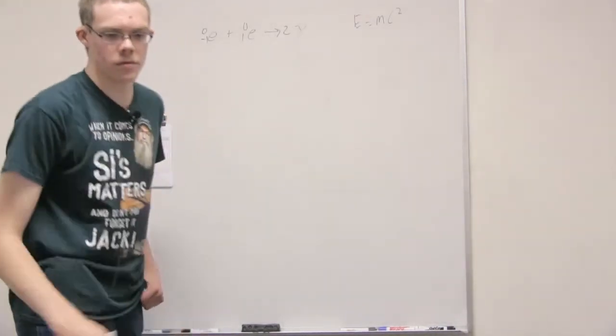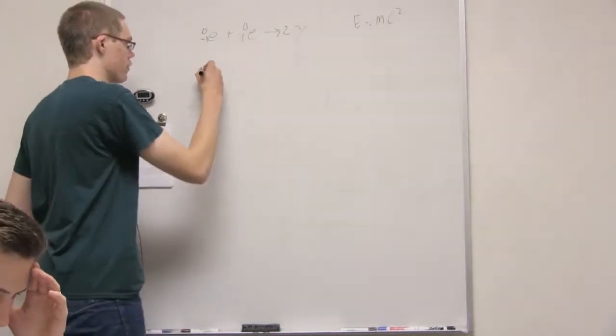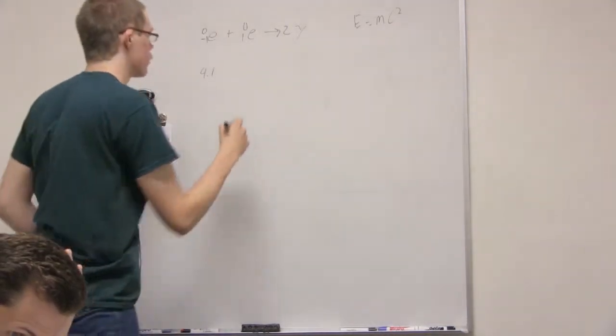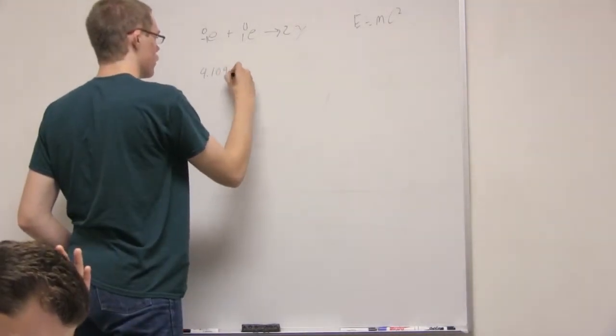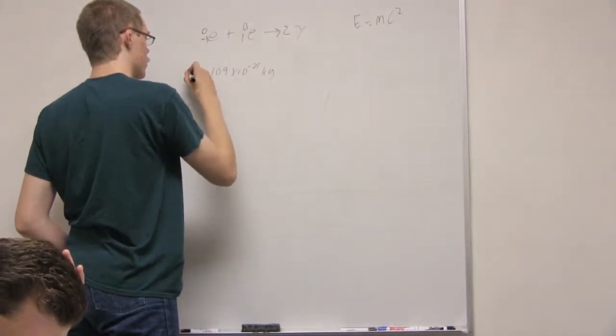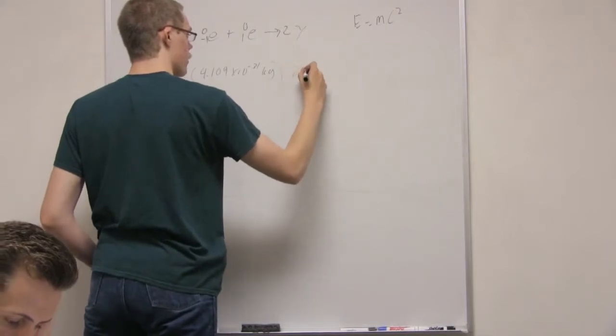So the mass of an electron or a positron. Oh, okay, so those are both 9.9109 times 10 to the negative 31, plus that same number times 10 to the negative 31st.